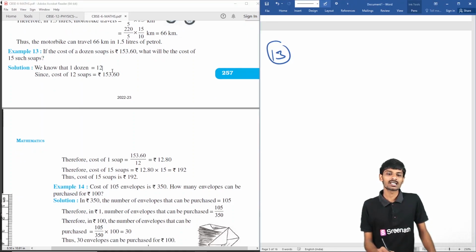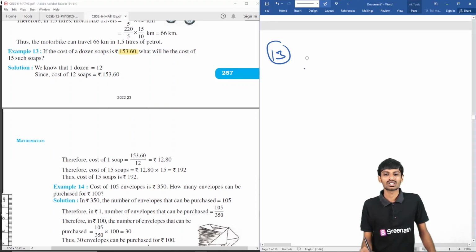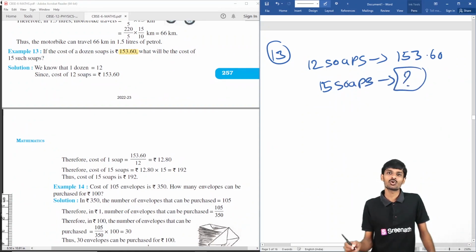So the cost of a dozen soaps is 153.60 rupees. Dozen means how much, friends? We know that is 12 soaps. Its cost is 153 rupees 60 paise. And what will be the cost of 15 soaps? Can you tell how you can do it?